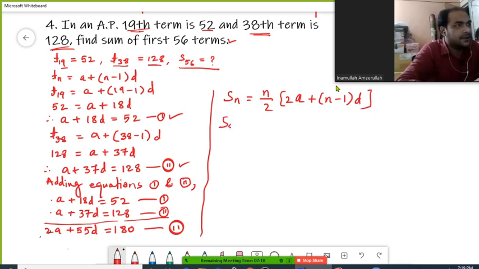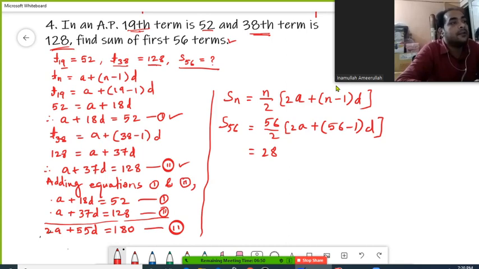So here I'll take S56. That is 56 upon 2 into bracket 2A plus 56 minus 1 into D. 56 by 2 is 28 into bracket 2A, which will remain as 2A, plus 56 minus 1, that is 55D.